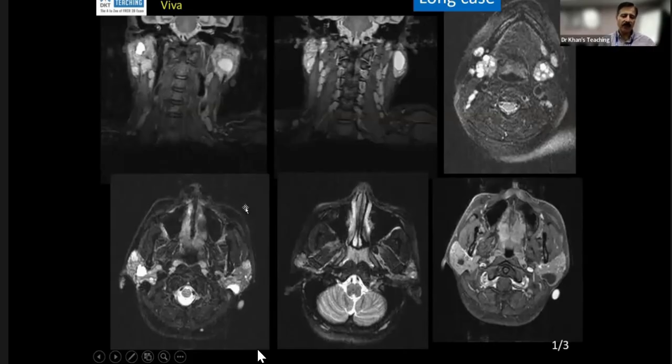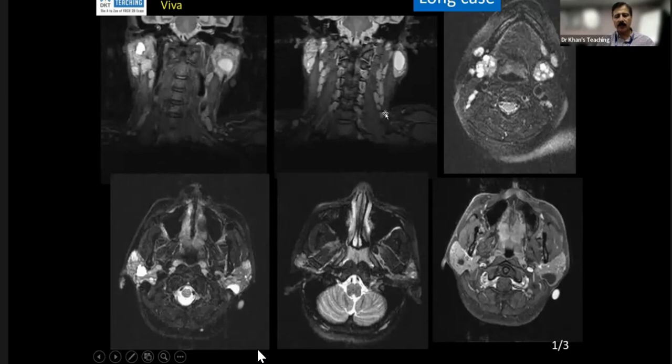Basically, there are multiple cysts in the parotid gland, number one. Number two, there will be adenoid hyperplasia. So this is adenoid hyperplasia on an axial. It is bilateral and symmetrical. And then there will be cervical lymphadenopathy.